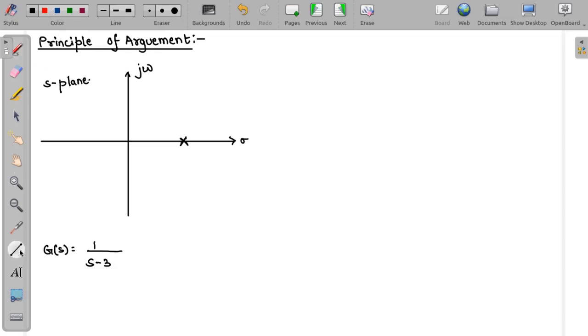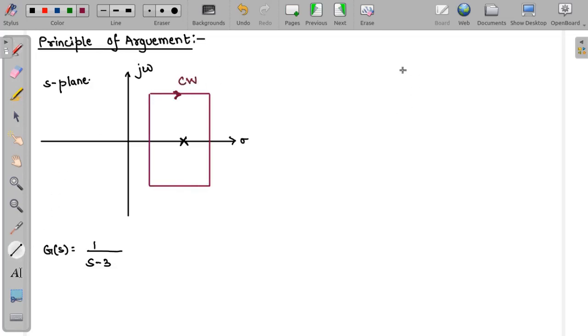Now what we do is enclose this pole using a closed boundary such that the direction of this enclosure is in the clockwise direction.